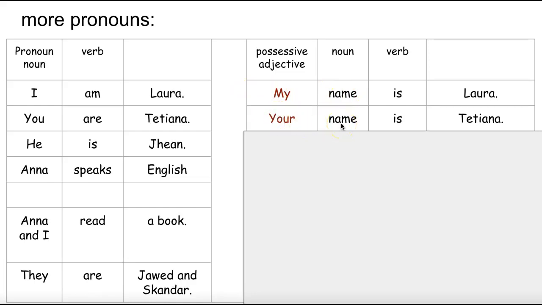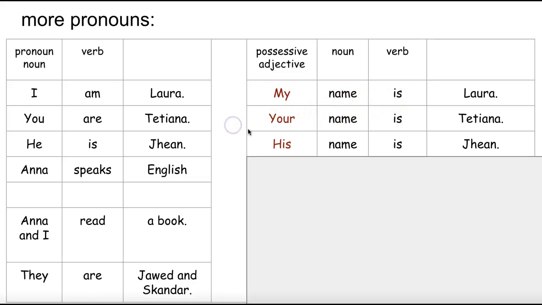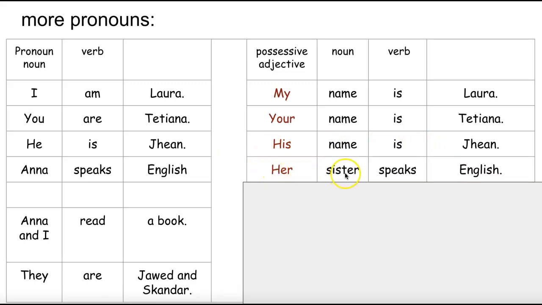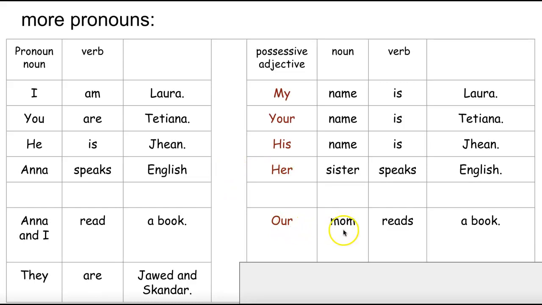Your name is Tatiana. Noun, verb, possessive adjective. His name is Jean. Her sister speaks English. Sister is the noun. The verb is speaks. The possessive adjective is her. Our mom reads a book.